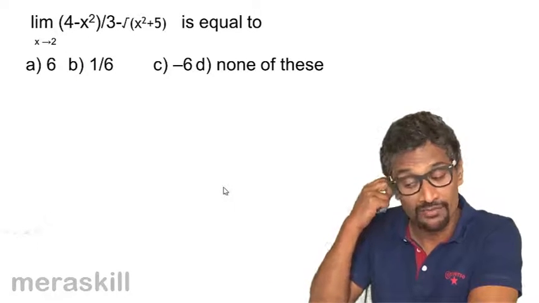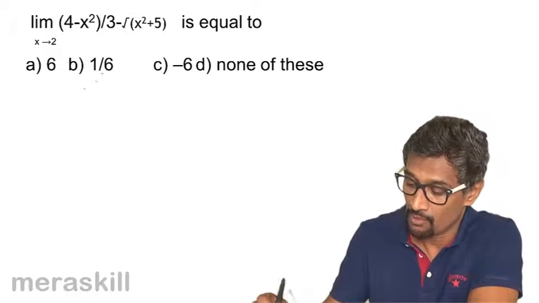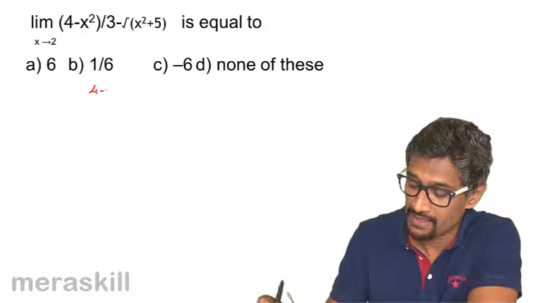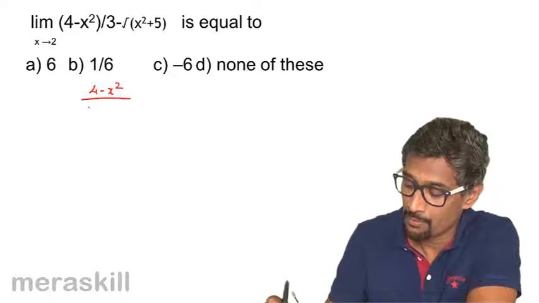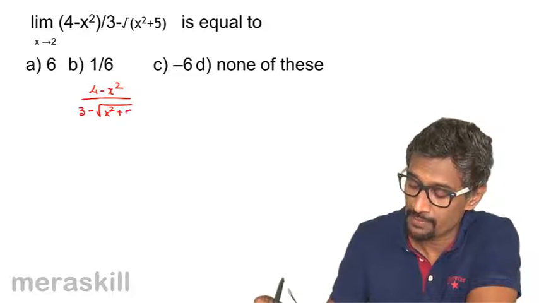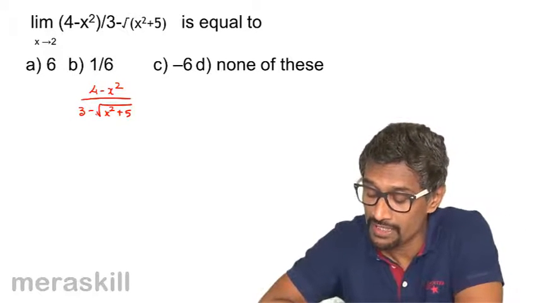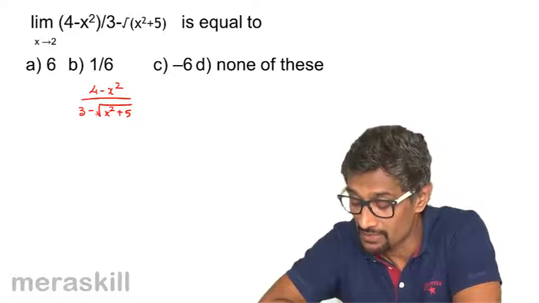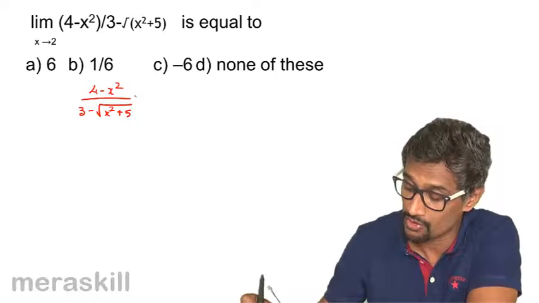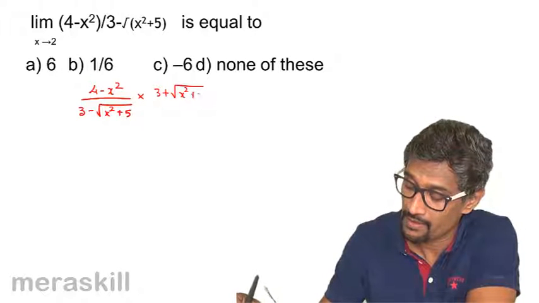Okay, now here we have another expression. We have 4 minus x square upon 3 minus root of x square plus 5. Now again, as I told, whenever the denominator or numerator has an irrational number, we can multiply by the conjugate. This will be written as into 3 plus root x square plus 5.